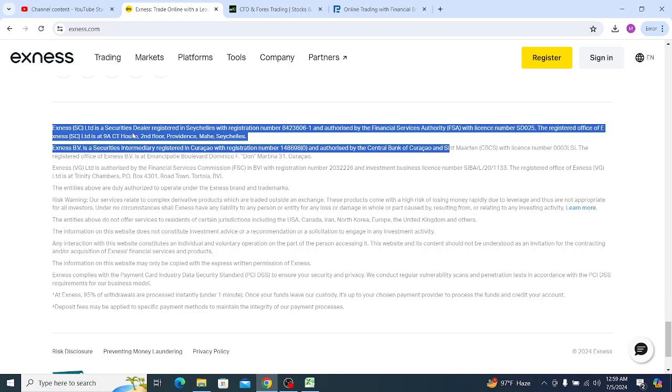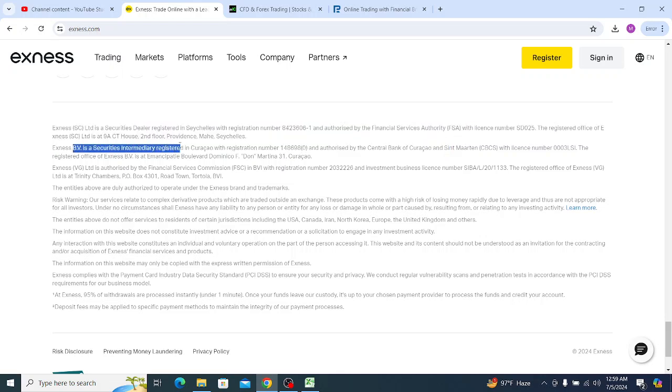For example, Exness is a securities dealer registered with this registration number. There is also a BV securities intermediary registered in, I cannot read the name, but they're registered. If you want to look into these things, you can just Google them and get the details.